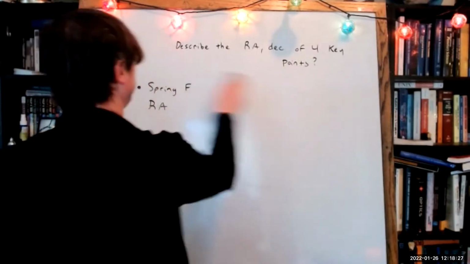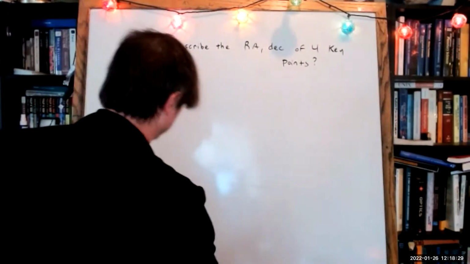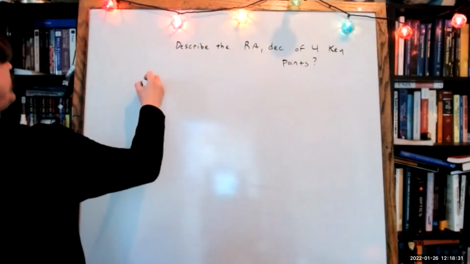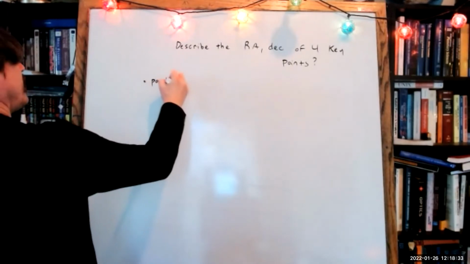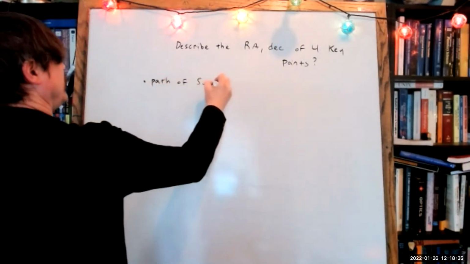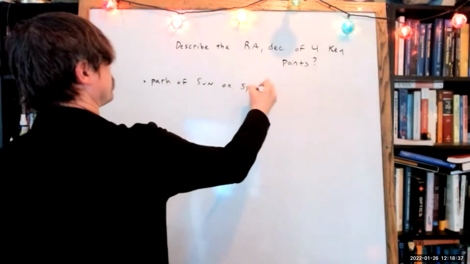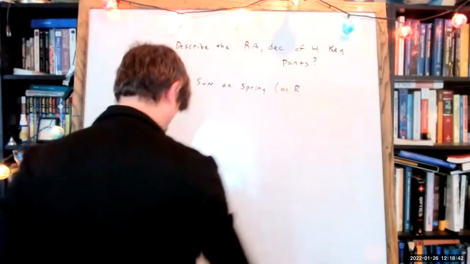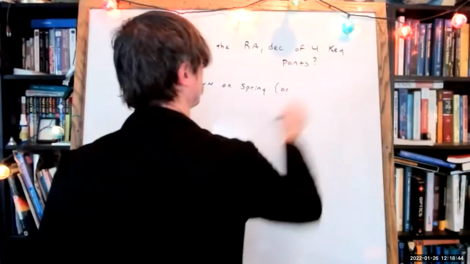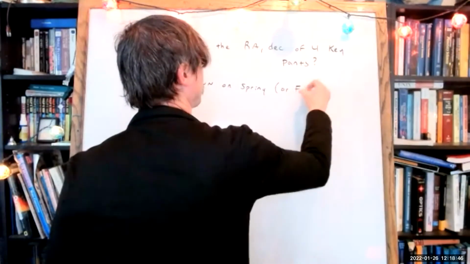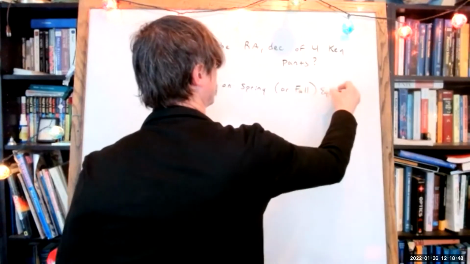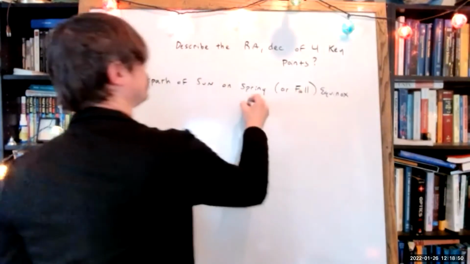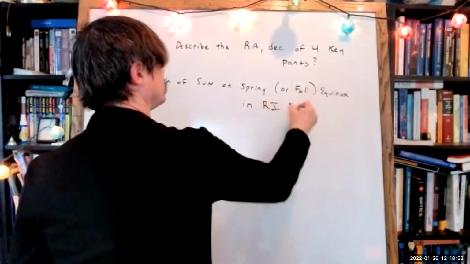So we'll do this kind of quick, but I want to get this into your notes. What would be the path of the sun on the spring or fall equinox in the Rhode Island local sky?